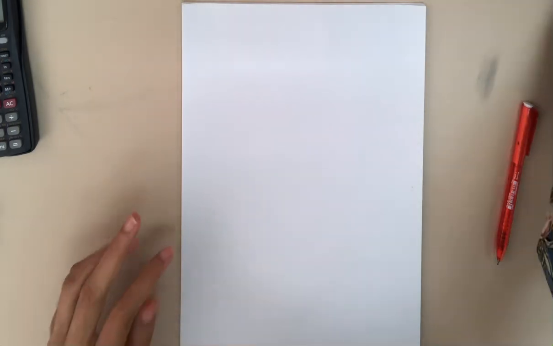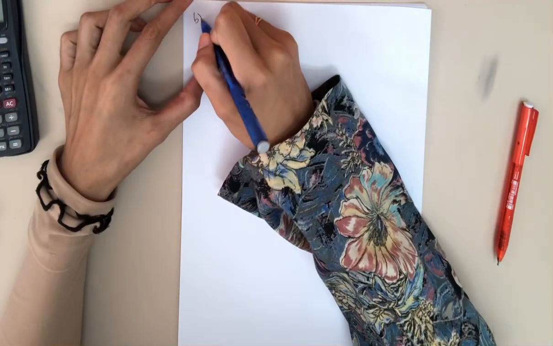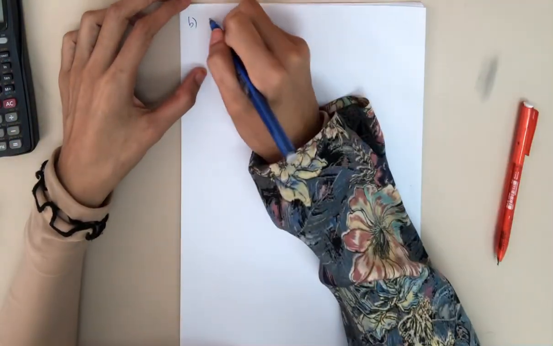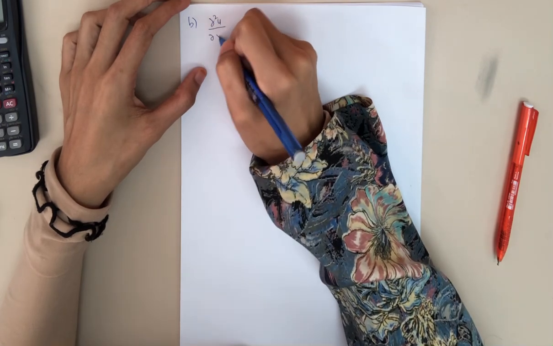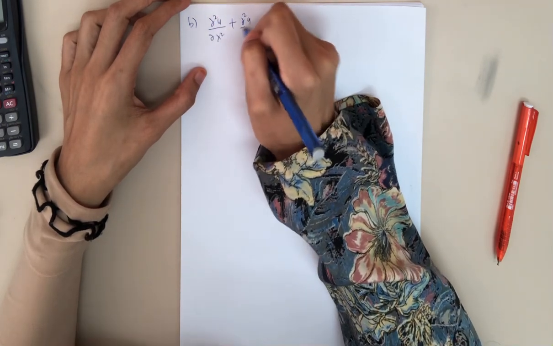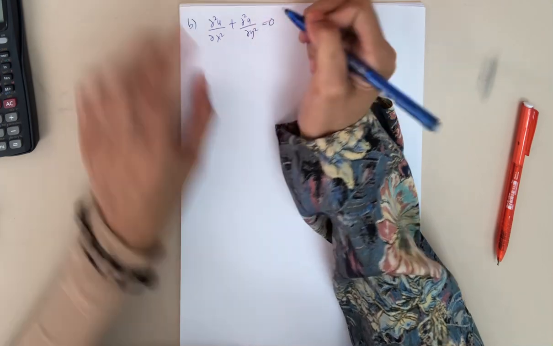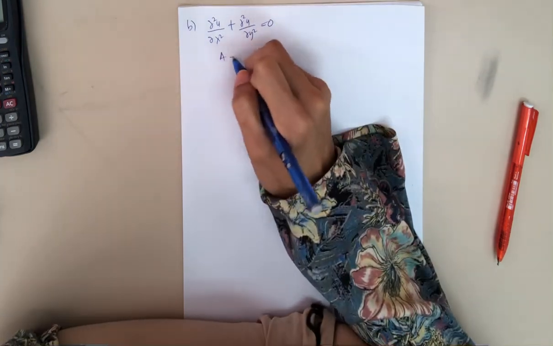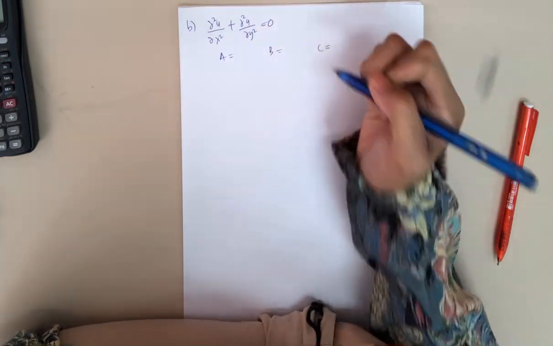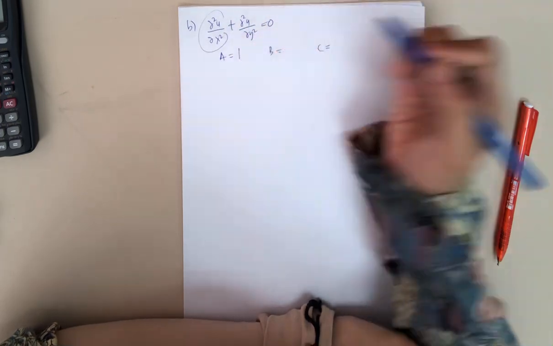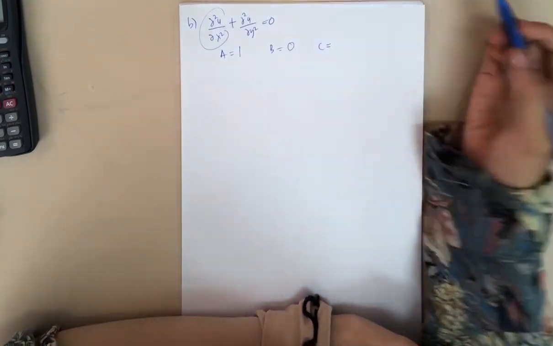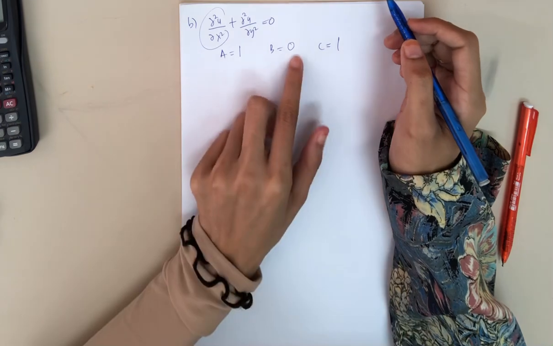Let me give you another example. B: d square u dx square plus d square u over dy square equal to 0. What is your A, B, and C? Your A here is 1, your B is 0, and your C is 1. Why is B 0?